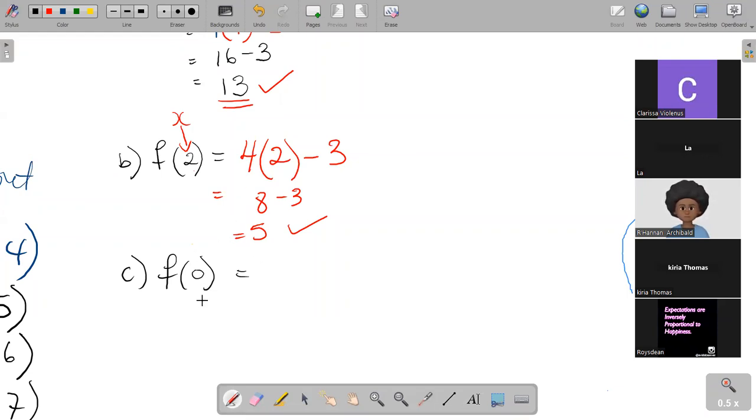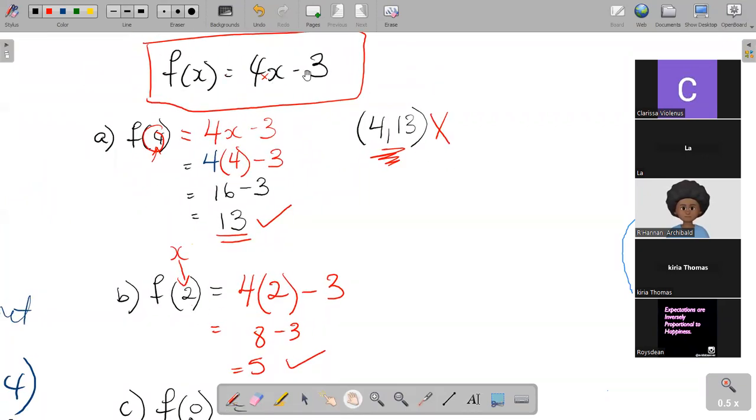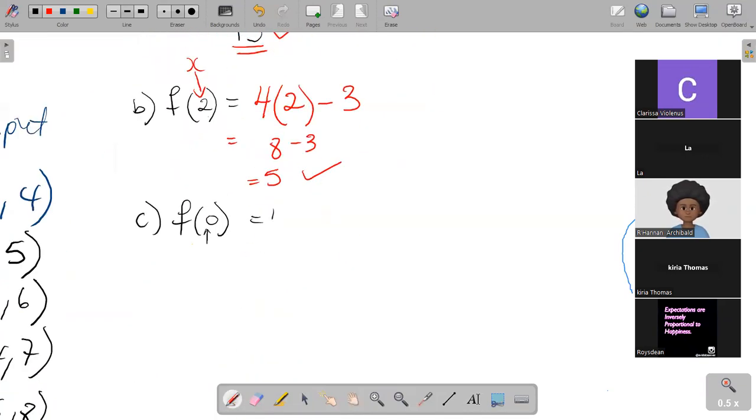Everybody, what is my x value for this one? What is the value of x for this one? 0, right? The number in here. So we're replacing x, because let's go back up. What's the formula? 4x minus 3. So we're going to say 4 times 0 minus 3. And I hope y'all are seeing how I'm breaking down my answer.